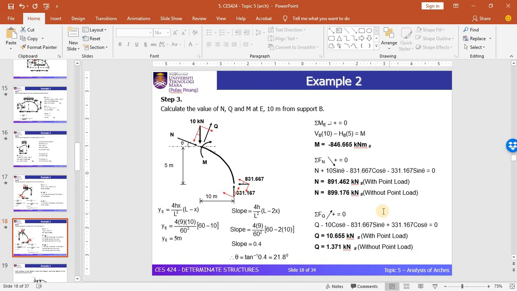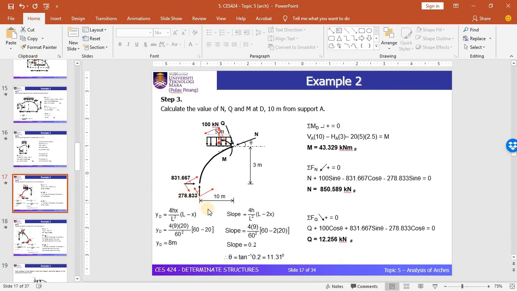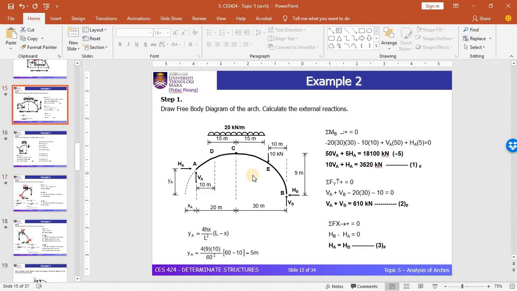There is one thing that I want to highlight here on the calculation of height y. If you look at this slide, you can see that x here is equal to 20 meters. Try to look at the equation.